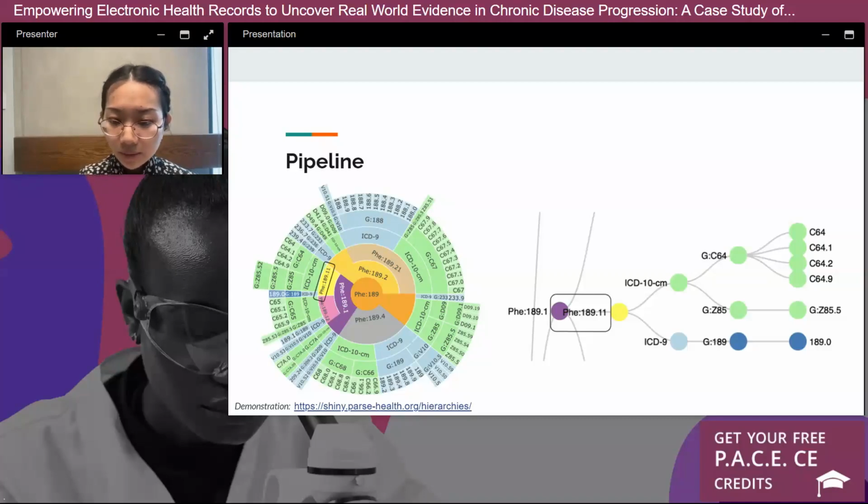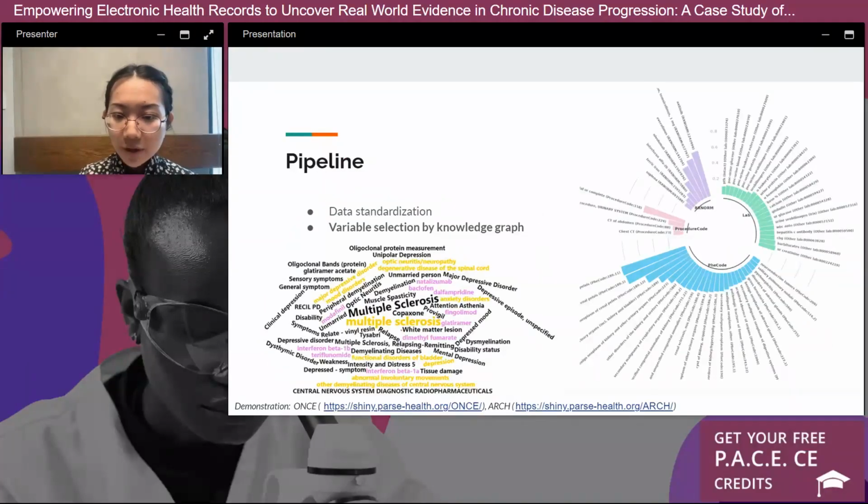If you're interested, we also have different kinds of hierarchies provided on this website below. It also includes hierarchies, for instance, for medication and for procedures and whatnot. So you could standardize all of the codes into a very, very well formatted format.